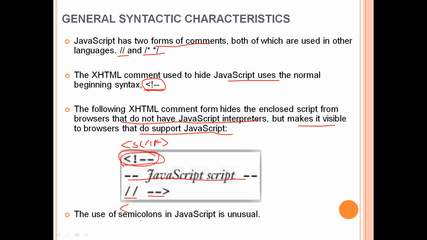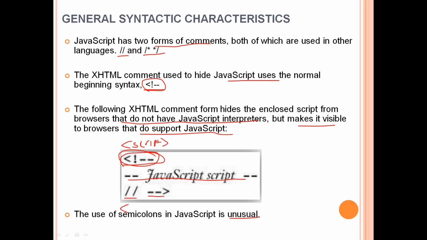One more important thing about JavaScript is the use of semicolon. The use of semicolon is unusual in JavaScript. In JavaScript, every statement is written on a new line. Every statement has to be written on a new line, and that is the reason we can write the JavaScript code even without the semicolon.